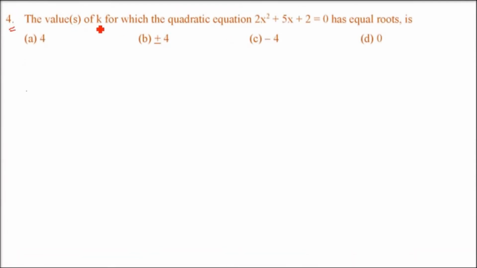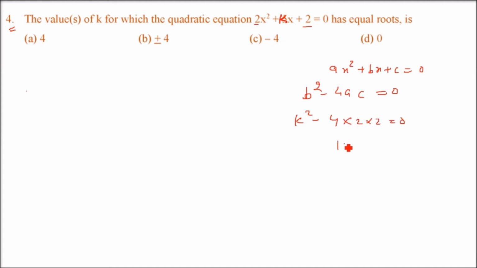The next question: the values of k for which the quadratic equation 2x² + kx + 2 has equal roots. We know that for any quadratic equation ax² + bx + c = 0, b² - 4ac will be equal to 0 if we want equal roots. So b is k, k² - 4 into 2 into 2 equals 0, k² = 16.